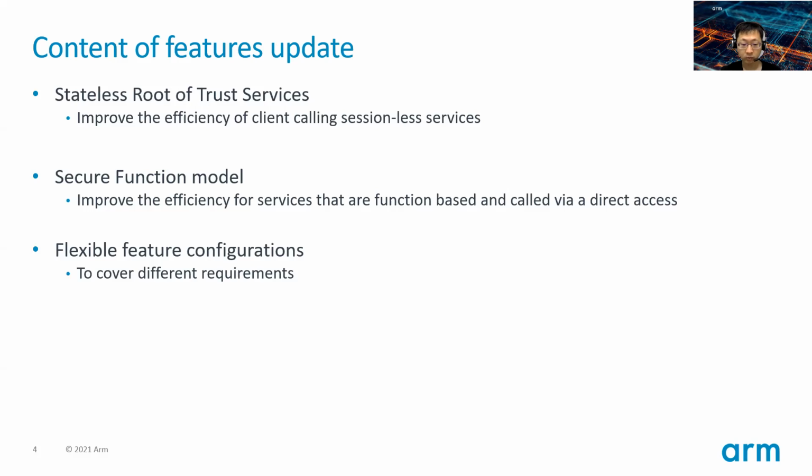Many services do not need to maintain dedicated execution contexts and can be called via direct access. The IPC model may be a bit heavy for them. Features of the FF-M spec can be configured flexibly. Customized configurations can be adopted to cover different kinds of requirements.